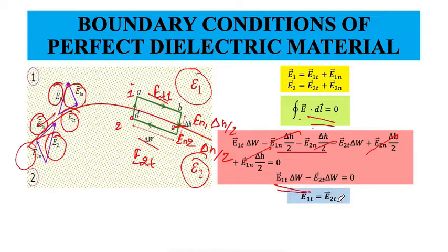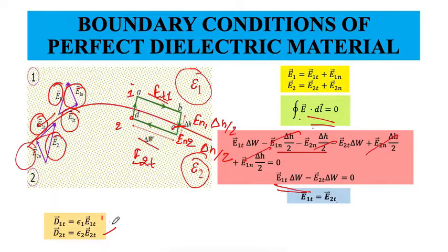Now we have found the relationship for the tangential electric field, which allows us to write down the expression for the D field. The tangential D field can be related to the tangential electric field in medium 1 by the permittivity of that medium, and similarly for the second medium.